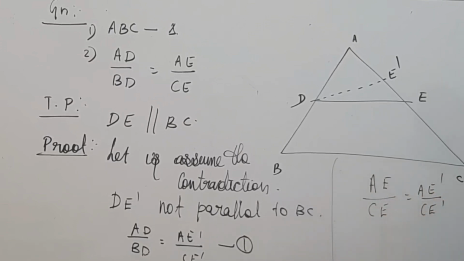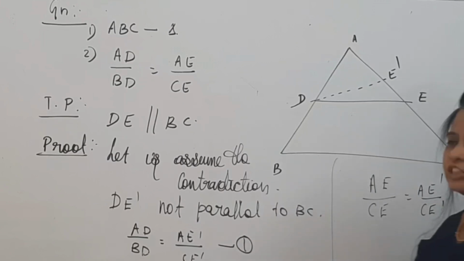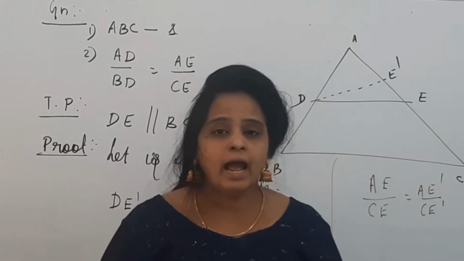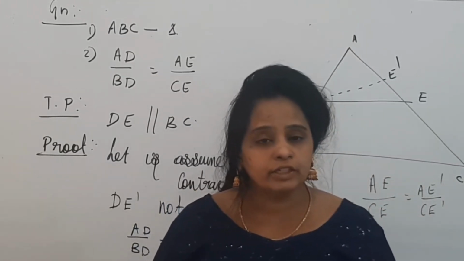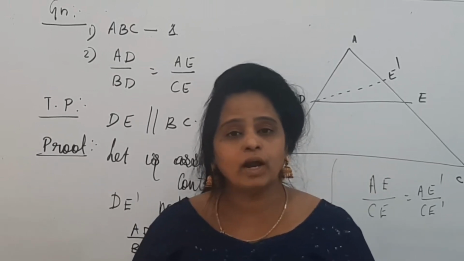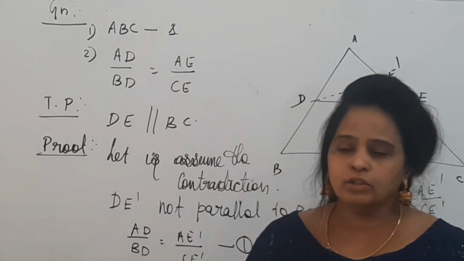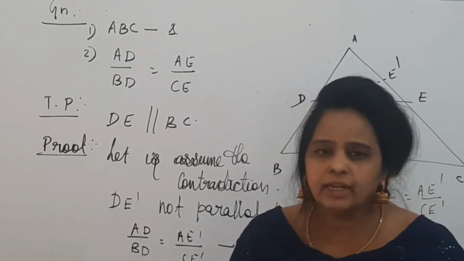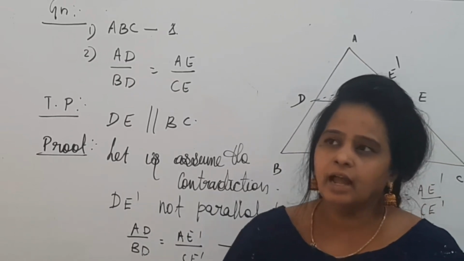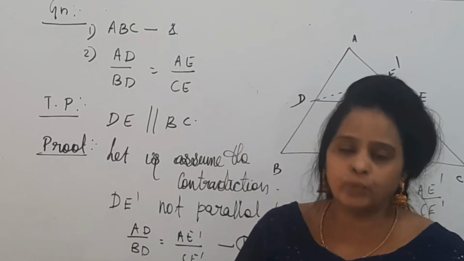I consider this one. Children, in the triangles chapter, you will come across adding 1 on both the sides or subtracting 1 on both the sides. This is one common concept especially in this chapter in 10th standard, adding 1 so as to prove it.